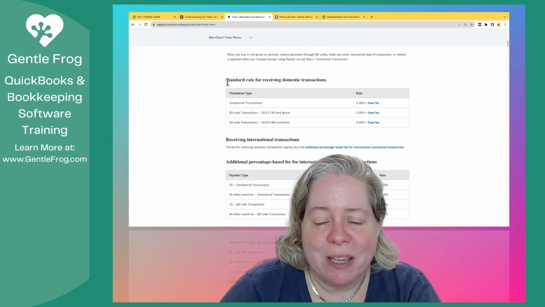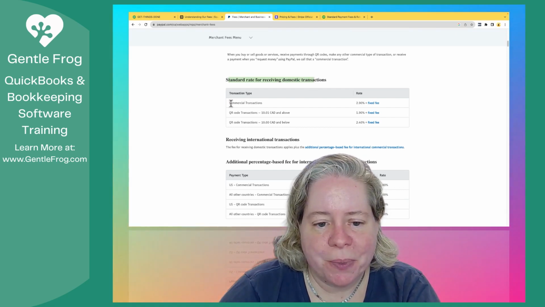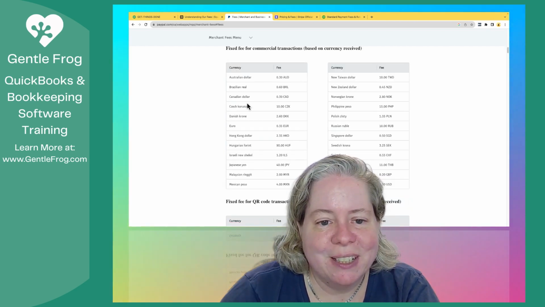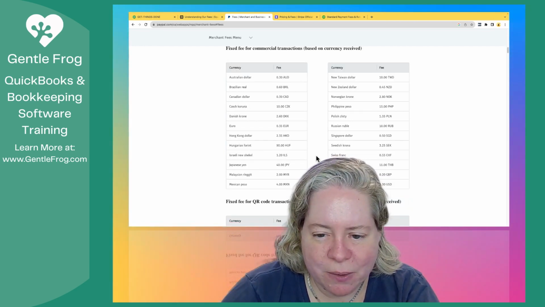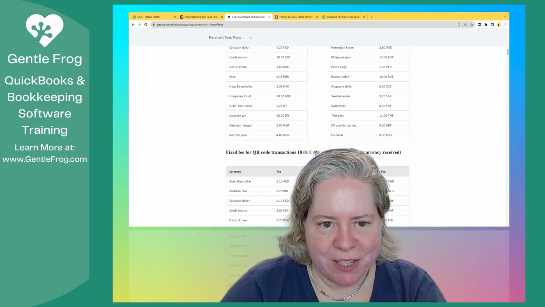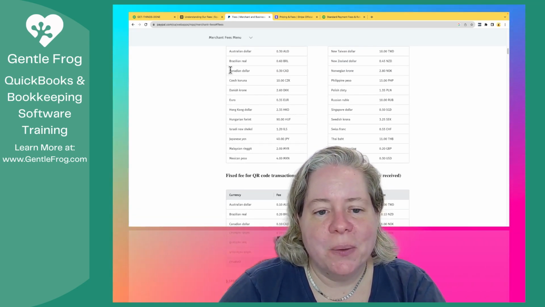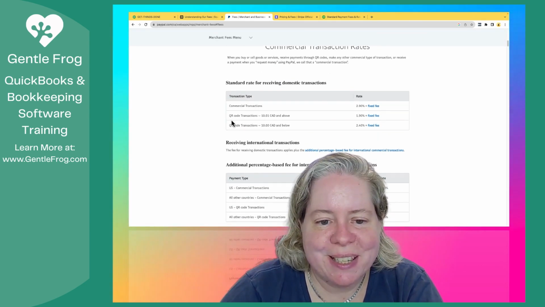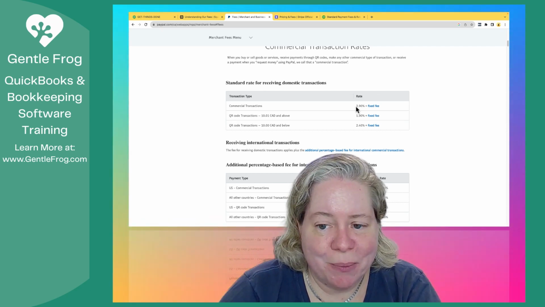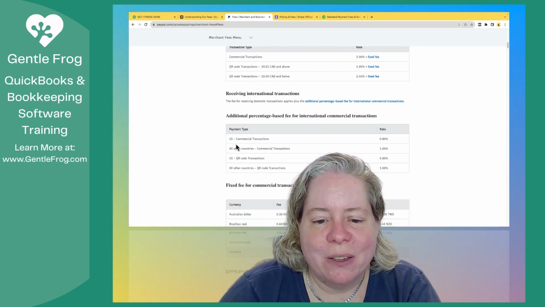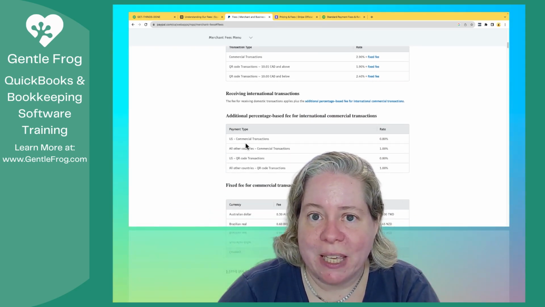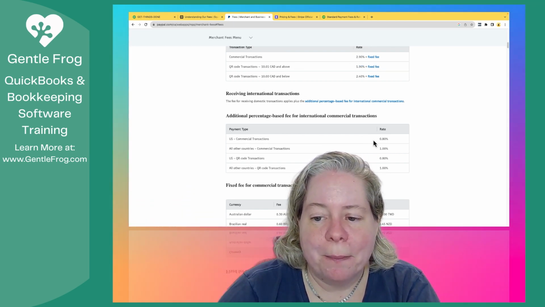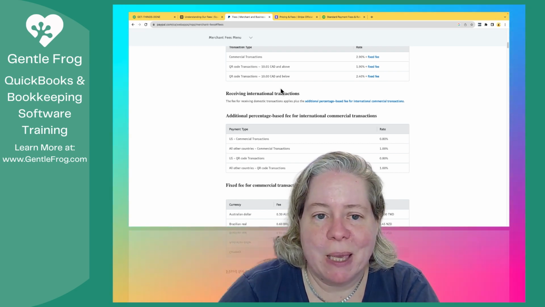So credit card processing for domestic, so Canada to Canada, commercial transactions, 2.9% plus the fixed fee. I don't know why it says plus fixed fee when, oh, I see. The Canadian dollar is 30 cents. So if we go back to this, commercial transactions are 2.9% plus 30 cents. If you're doing international, such as if you're taking money from the US, you'll have 2.9 plus the fixed fee plus 0.8. So that's PayPal.